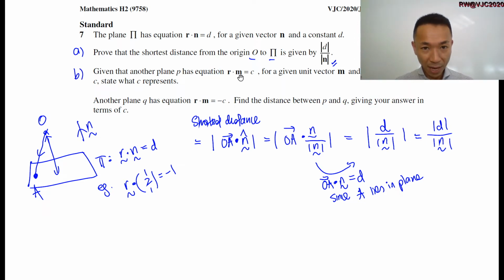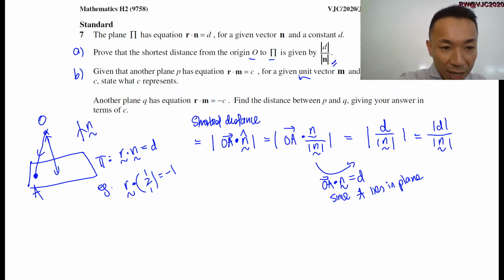Given that another plane r dot m equals c for a given unit vector m, keyword unit vector, and a positive constant c. State what c represents. Now, you've got to suspect it's got to do with the earlier part. It all builds up.